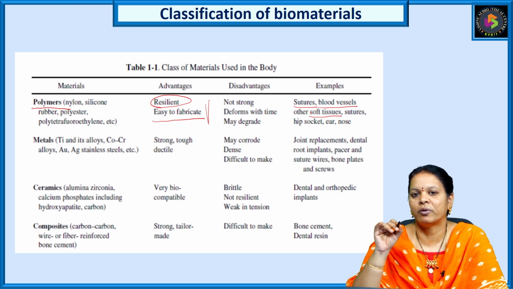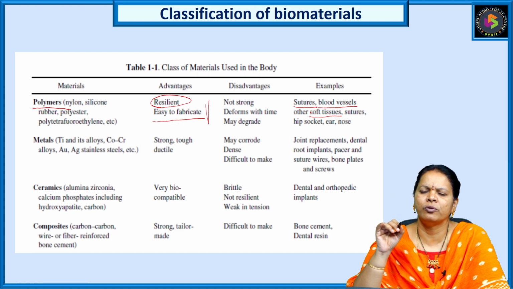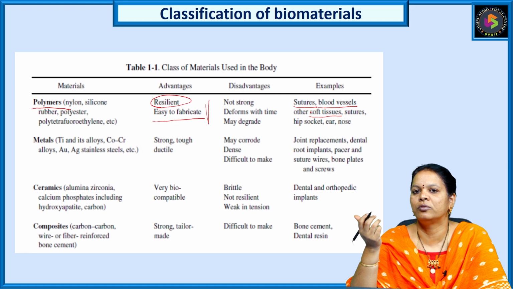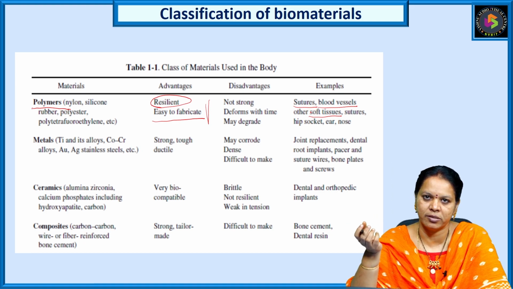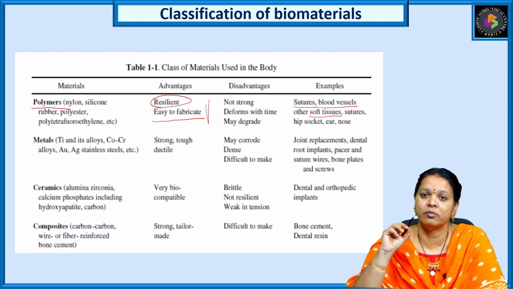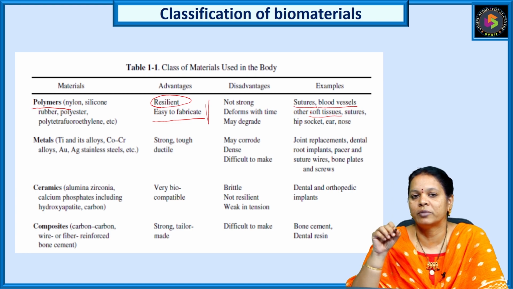So the life of a polymer is very limited. Some may sustain for hours, some for days, some for months, and very hardly in years. So the major drawback which makes polymer a limited source of biomaterial is its life.